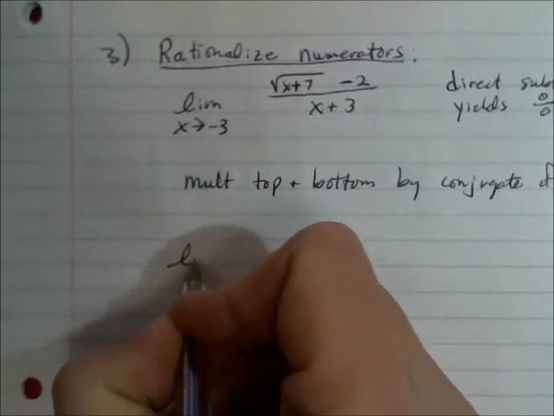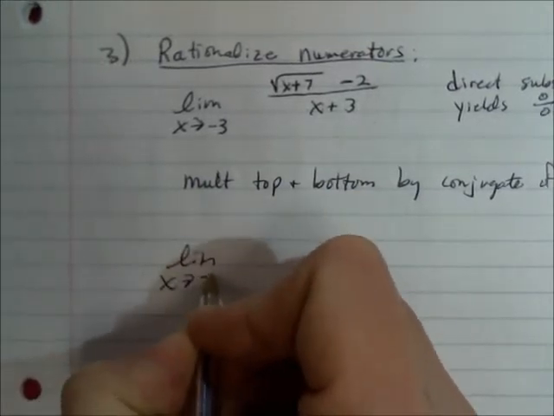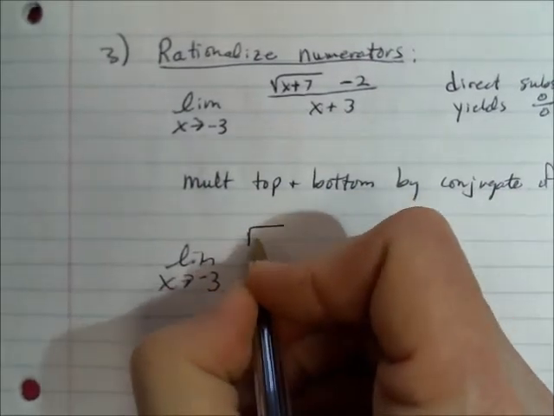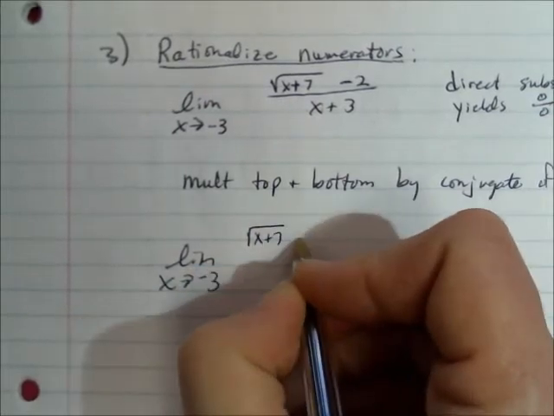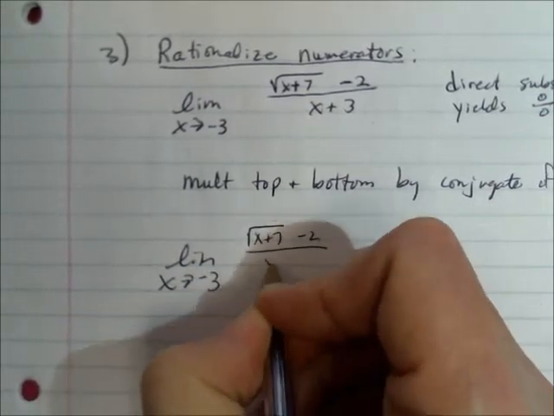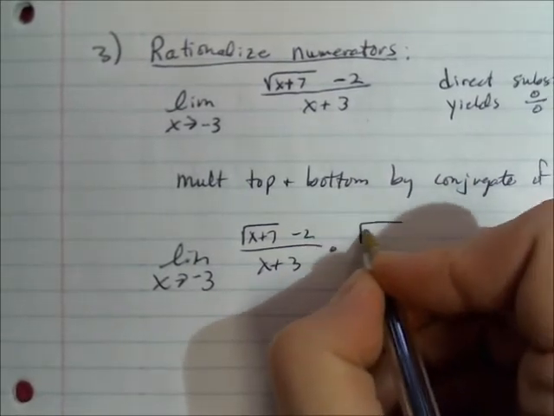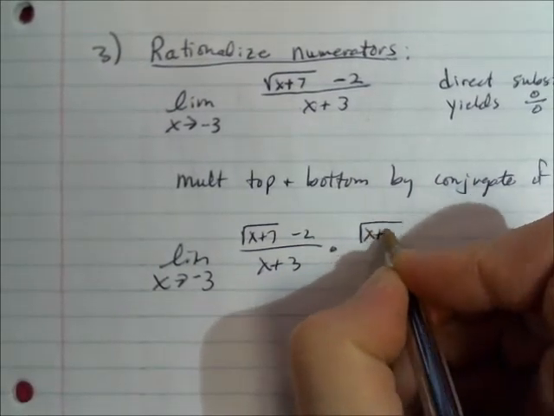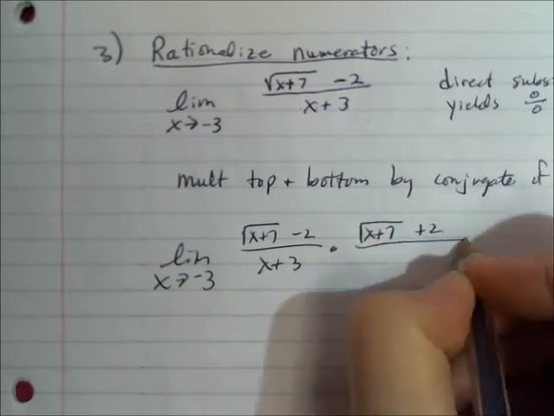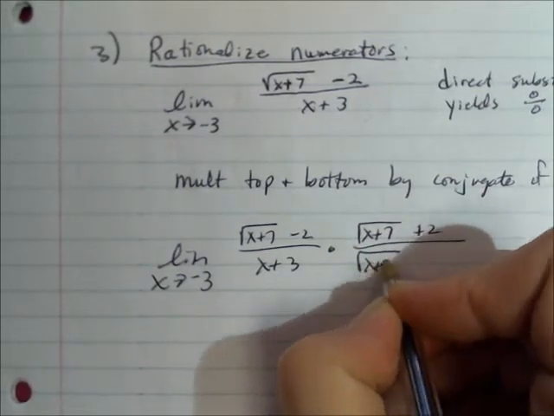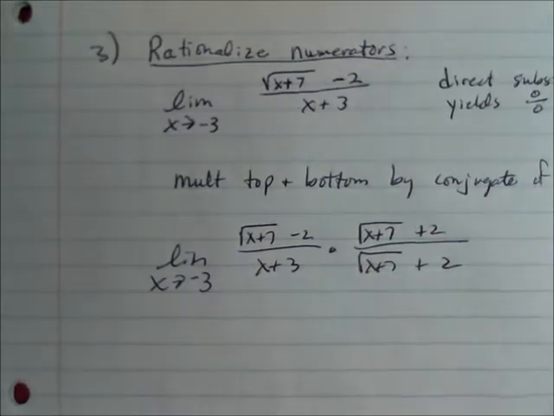So we're taking the limit as x approaches negative 3 of the original one, the square root of x plus 7 minus 2 all over x plus 3, but we're going to multiply that by the conjugate of the numerator, the square root of x plus 7 plus 2 all over the square root of x plus 7 plus 2.